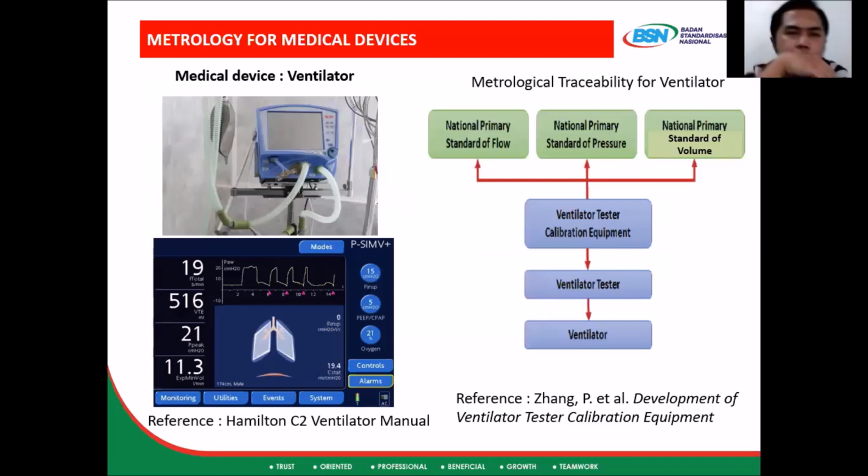And this is the hot topic in this COVID-19 pandemic: the ventilator. This medical device has the purpose to deliver oxygen to the lungs of a patient who has difficulty breathing.